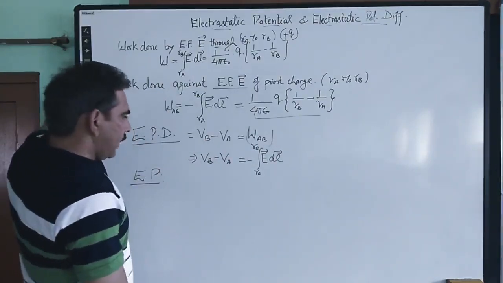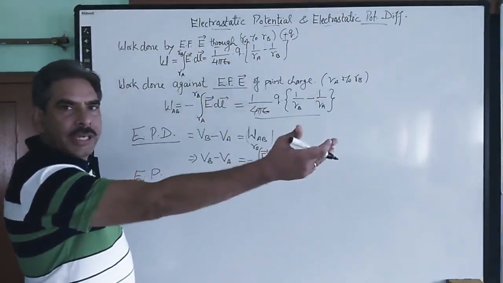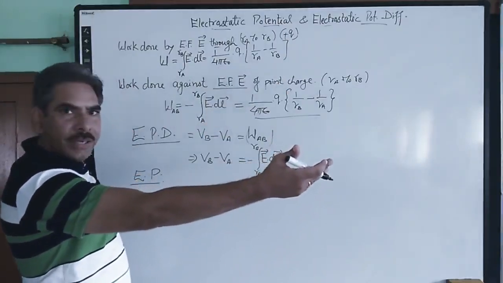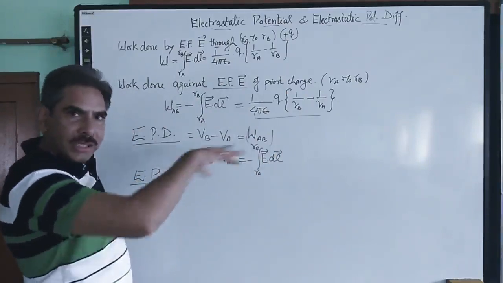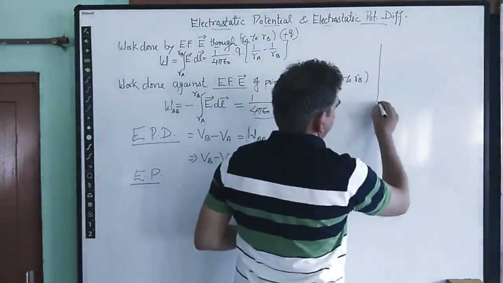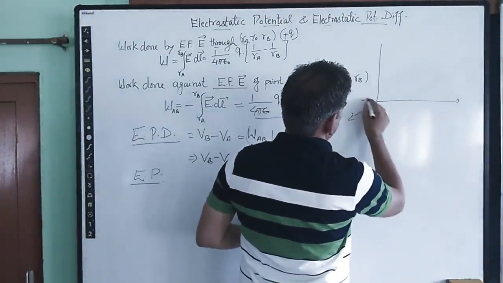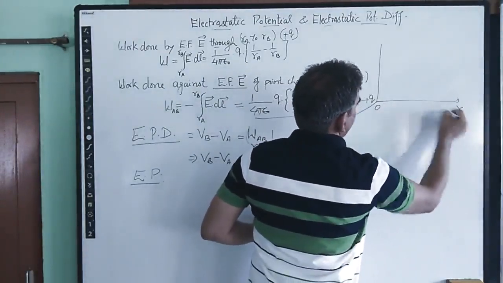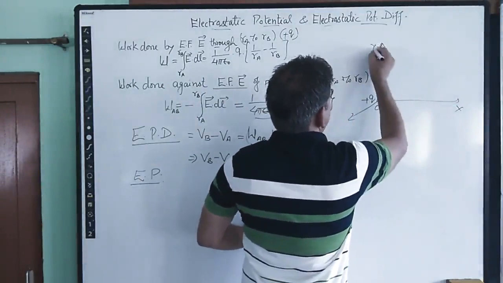And about electric potential, this is when our initial point, from where the charge is being taken against the electric field to some other point within the electric field, is at infinity. For example, as we have discussed in our last video's expression, this is the charge which is lying at the origin of this XYZ coordinate system.